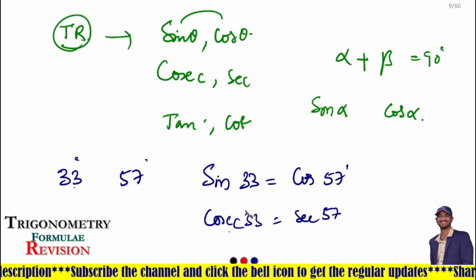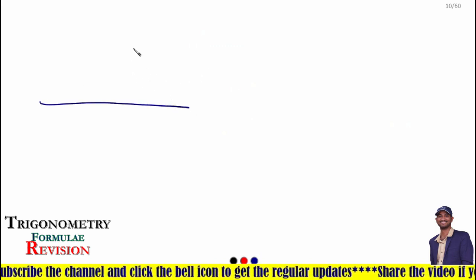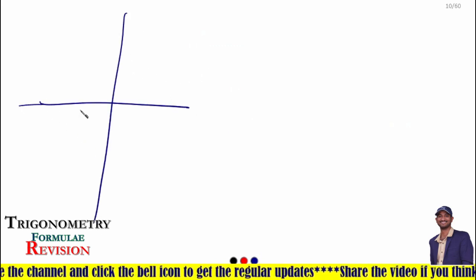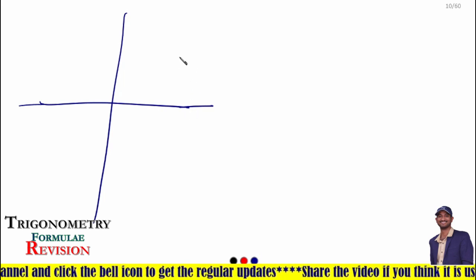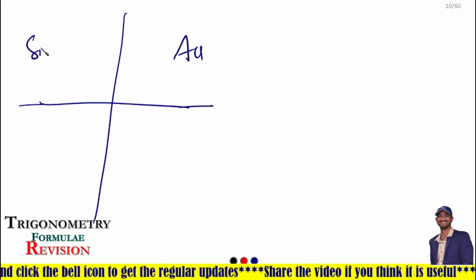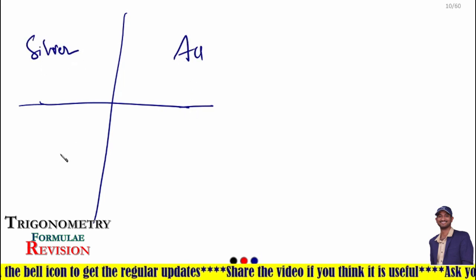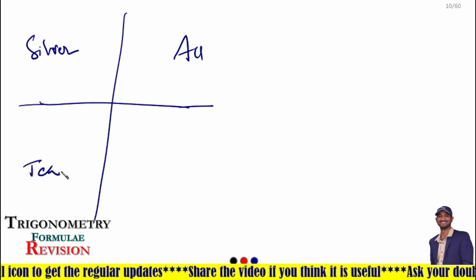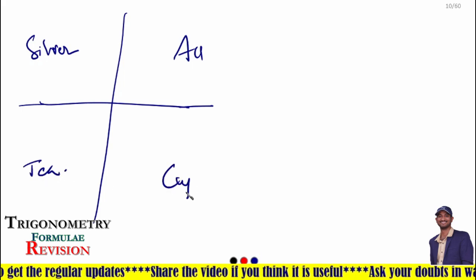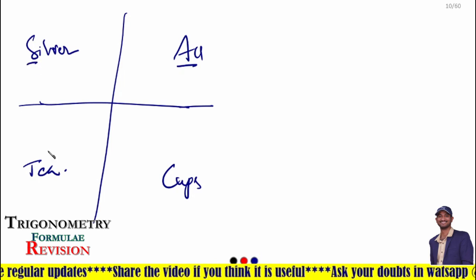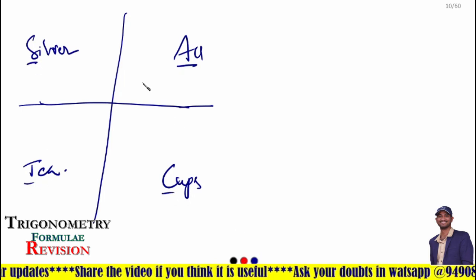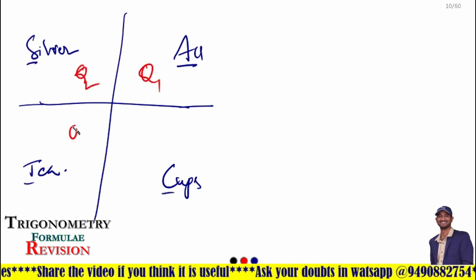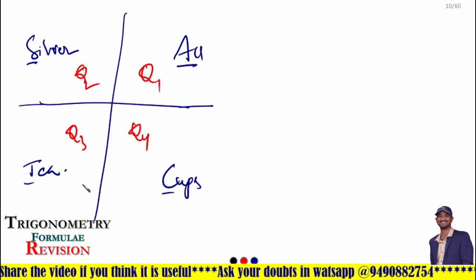Okay, and next, trigonometric ratios for higher angles. For higher angles, we have to remember using the quadrant concept, that is All Silver Teacups, or All Students Take Coffee, whatever mnemonic you use. The first letters are important. First quadrant, second quadrant, third quadrant and fourth quadrant.